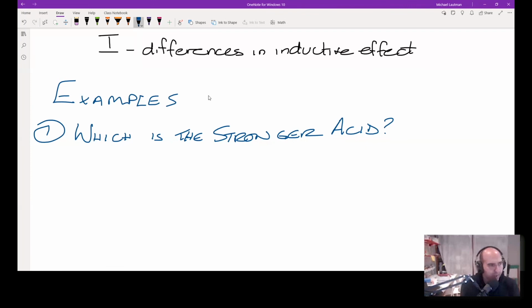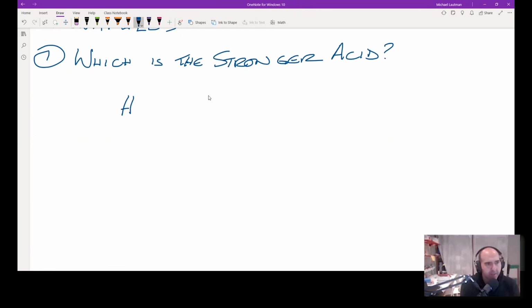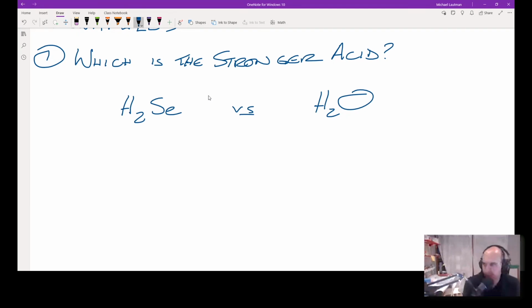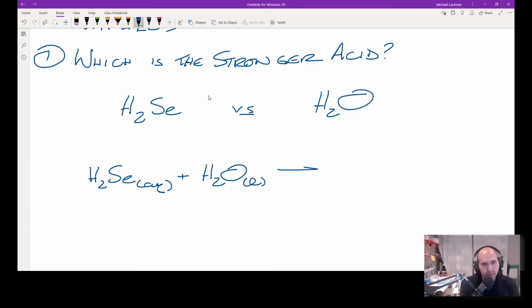So the first two that we are going to look at are H2Se versus H2O. Again, the first thing that we do is figure out what the conjugate base is and draw it. So H2Se plus water gives us HSe minus and H3O plus.